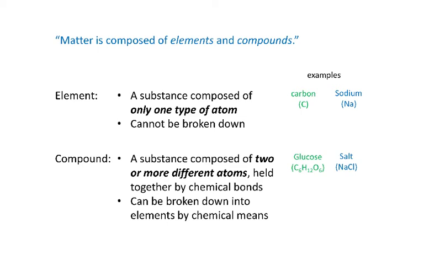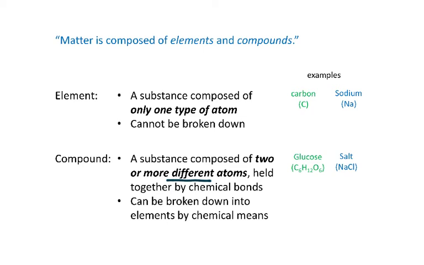Now, a compound is a substance composed of two or more different atoms. And the different here is key, as we'll see eventually. And these two or more different atoms are held together by chemical bonds, and thus they can be broken down into elements by chemical means.